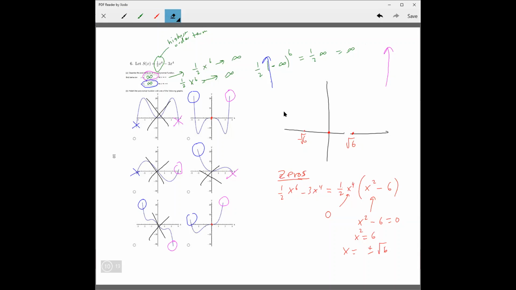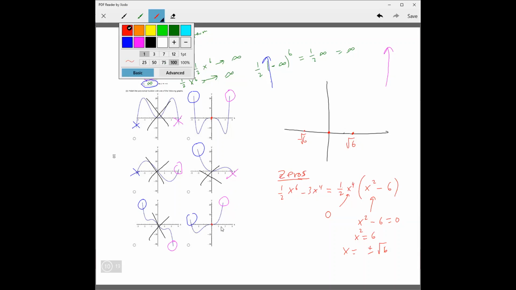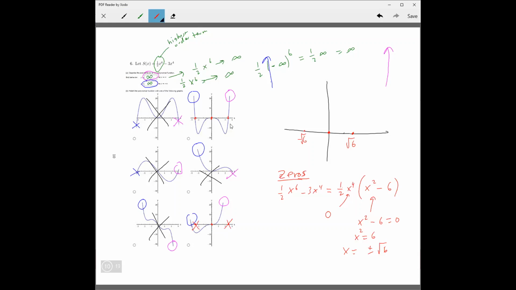This doesn't look good. So I need zeros there and there. But this one has them. This one is going through -3, so this one doesn't have the zeros that we need. So that can't be it. This is the only possible graph right here.